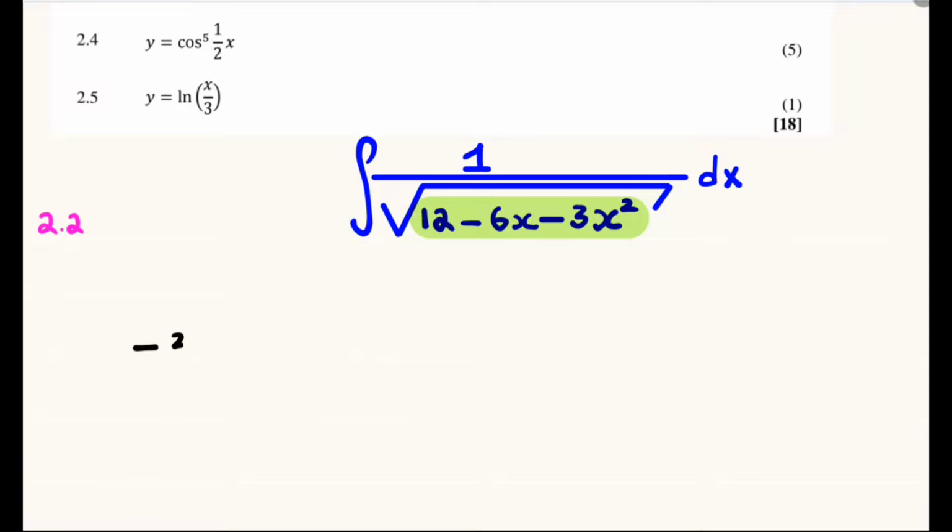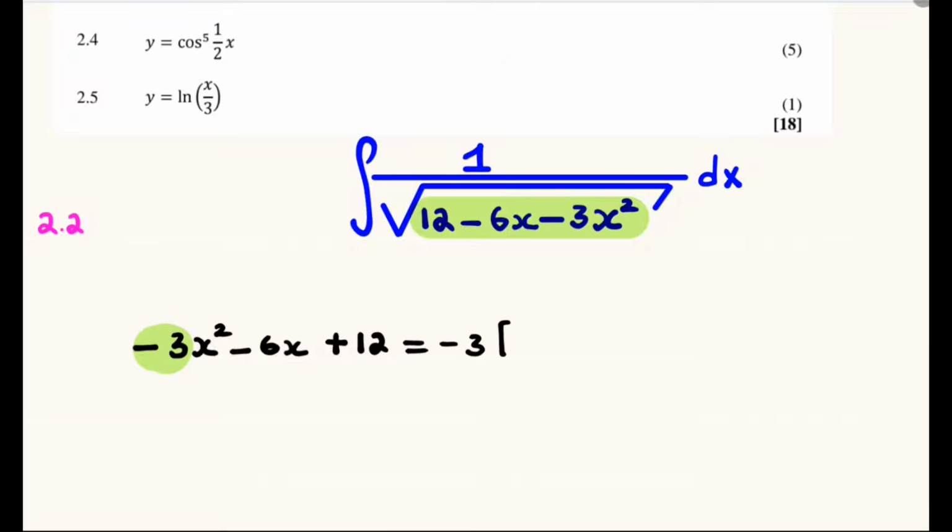We rearrange it in standard form as negative 3x squared minus 6x plus 12, which will be equal, before we can complete the square, the coefficient of the x squared has to be 1. So we take the negative 3 as our common factor.